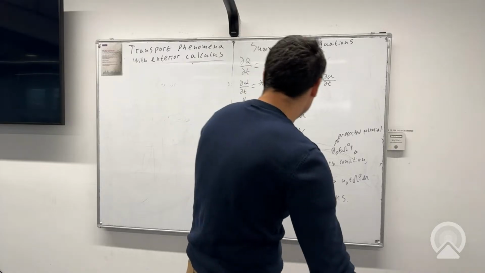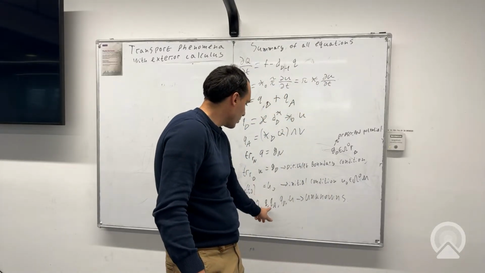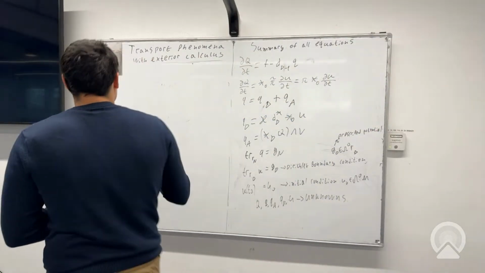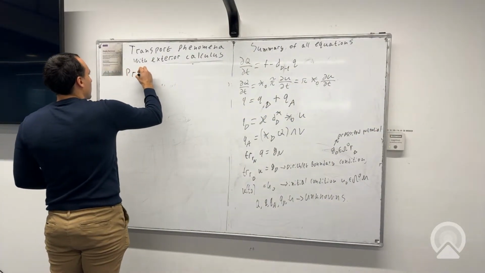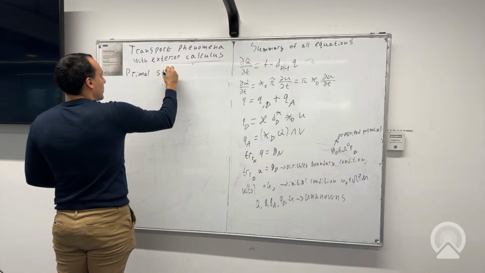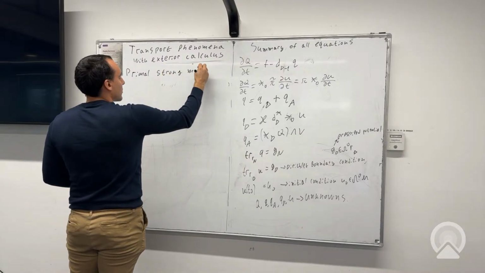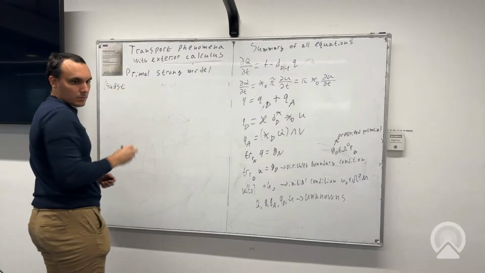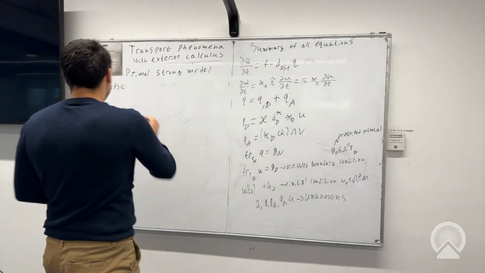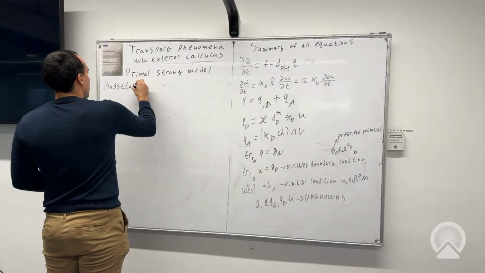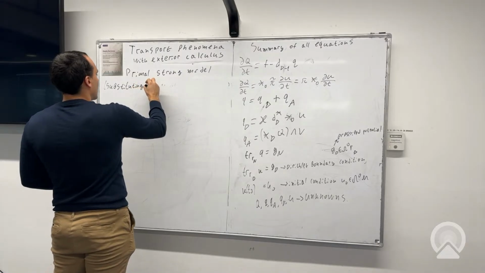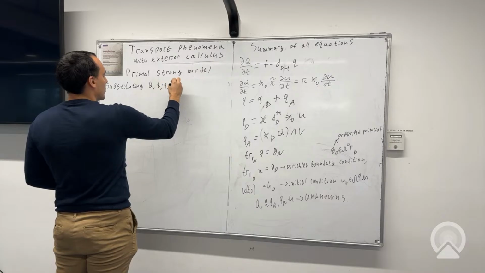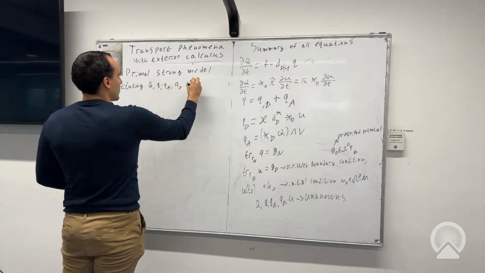So if you substitute Q, big Q and the small q's, you get the primal strong model. So substituting Q, QA, QD from U.